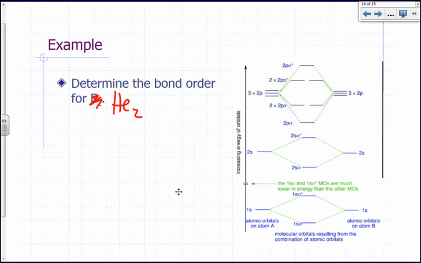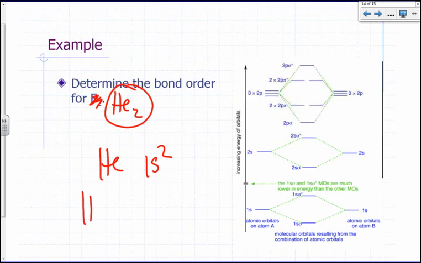What about He2? What would be the bond order for a diatomic helium molecule? Well, helium, if you recall, has 2 electrons. 1s2 is the electron configuration for a helium atom, so He2 would have 2 times 2, or 4 electrons. So we assign the first 2 electrons to the 1s sigma molecular orbital, which is a bonding orbital, and then the next 2 electrons would be in the anti-bonding 1s sigma star orbital.